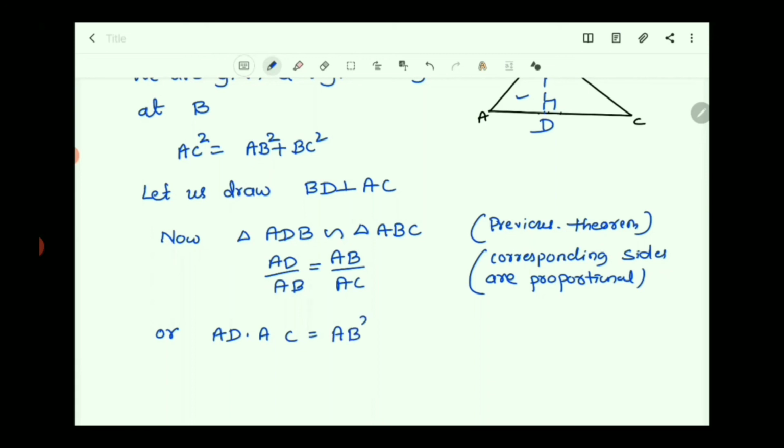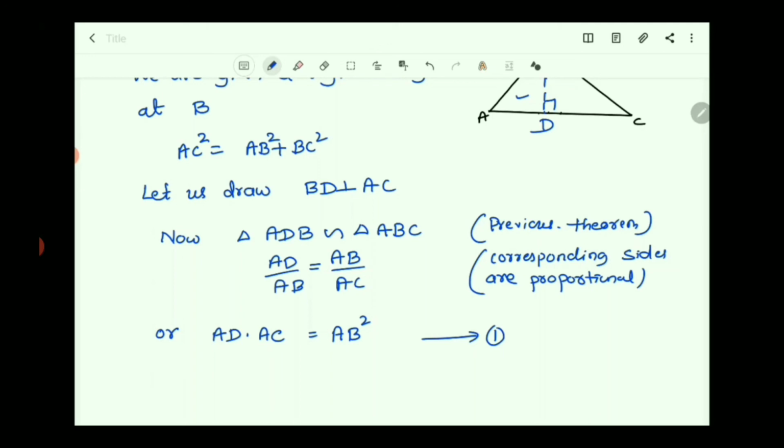So AD into AC is equal to AB square. Now you consider this as the first result.